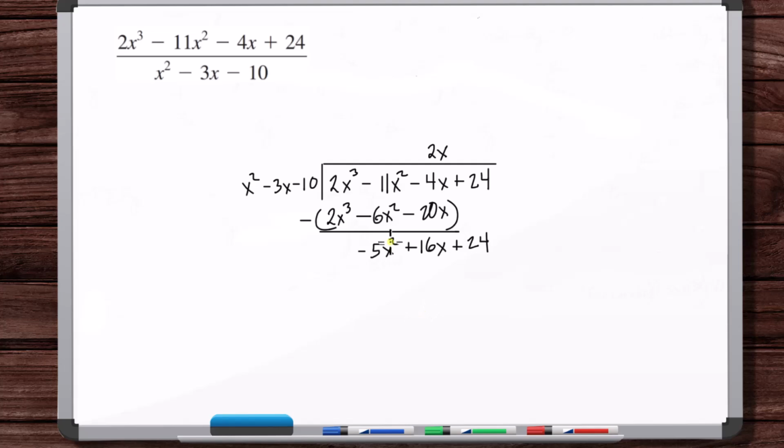Okay. All right, minus 5x squared divided by x squared is minus 5. Minus 5 times the divisor, subtract these two. 16x minus 15x is x. 24 minus 50 is minus 26.